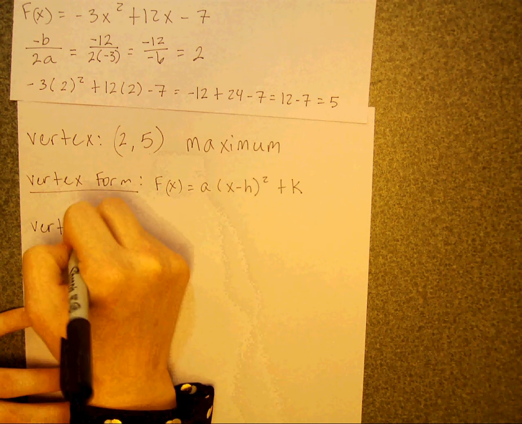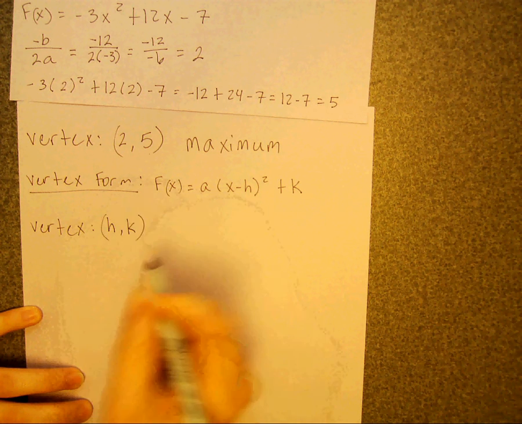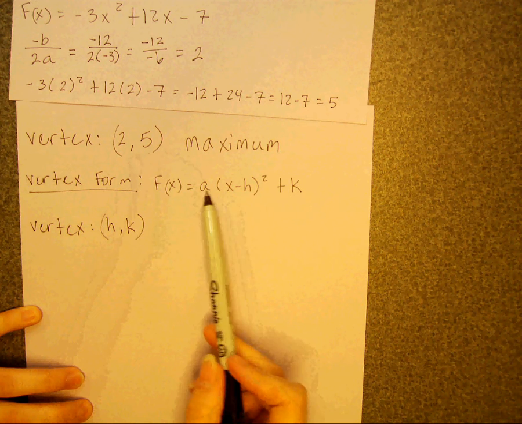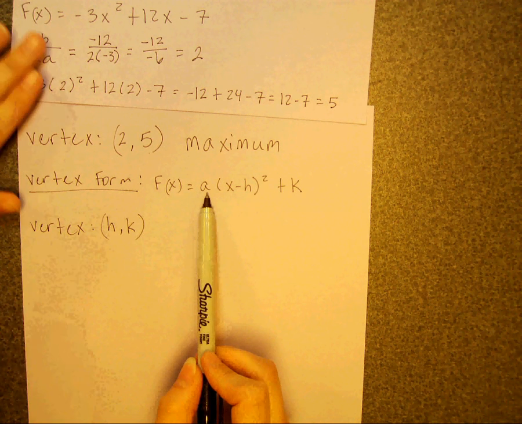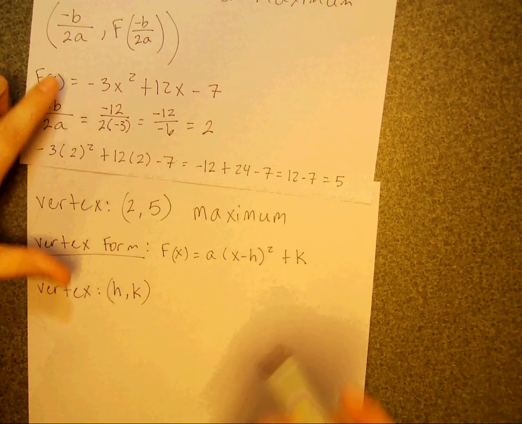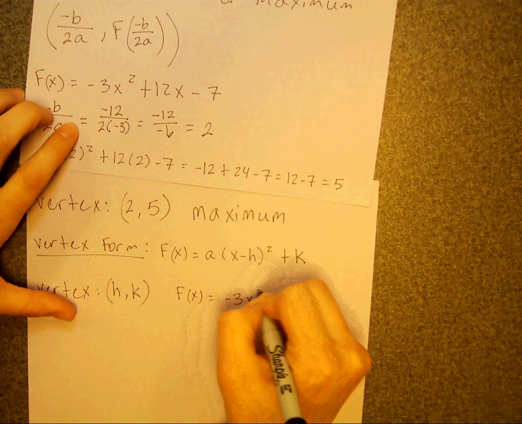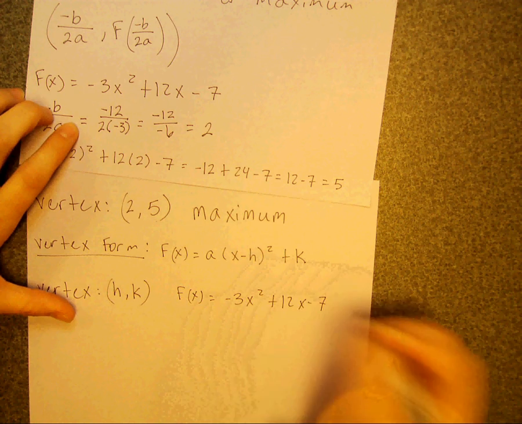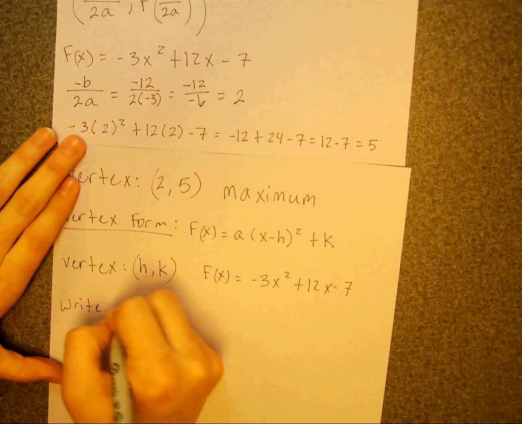Another way to write the vertex instead of the x and the y is h, comma, k. So once we find the vertex, we can write it in vertex form. The a value is just the leading coefficient from my function. So I'm going to rewrite f of x equals negative 3x squared plus 12x minus 7, and now I want to write it in vertex form.